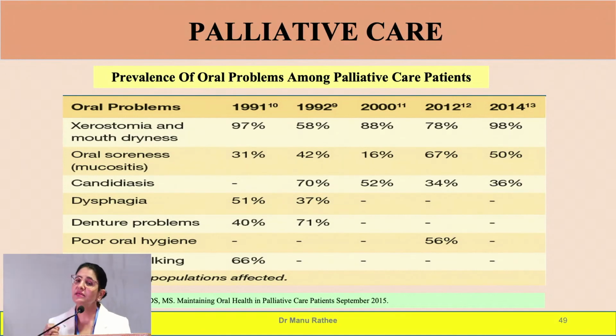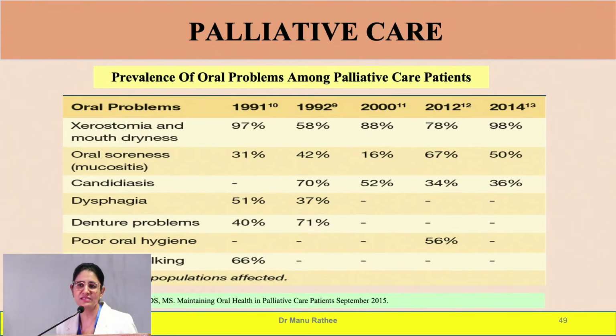If we look at the dental care or the oral care, then the prevalence of the oral problems among the palliative care patients commonly encountered are these. Dear student, these might seem very simple. Their solutions are also very simple, but they are highly effective and highly desirable treatment modalities.